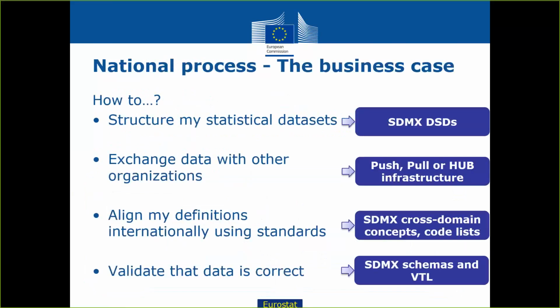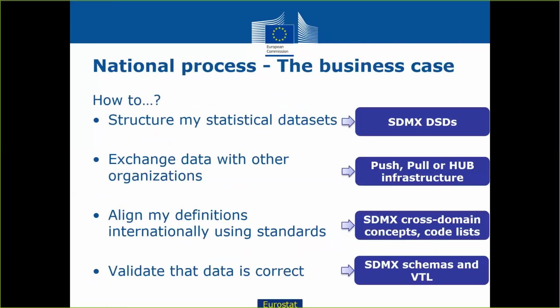So this is just to recap what we've been talking about so far. We will have an SDMX DSD, which enables me to model the data requested by Eurostat. The DSD will be stored in the Euro SDMX registry.